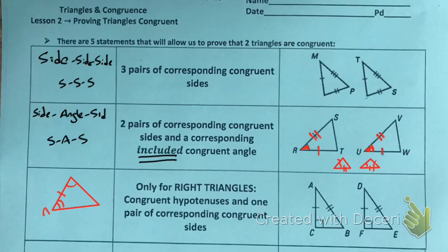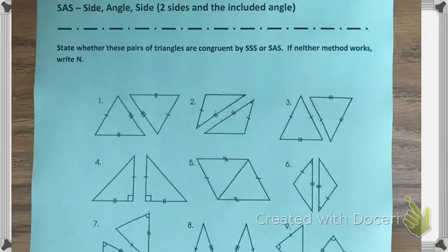That would not read AAS because as I go around this way, I'm skipping a side, an angle, and another side. Okay. So as long as you remember you can never skip consecutive angles and sides, then naming the triangles should be fairly simple. So let's look at some of these ones right here.